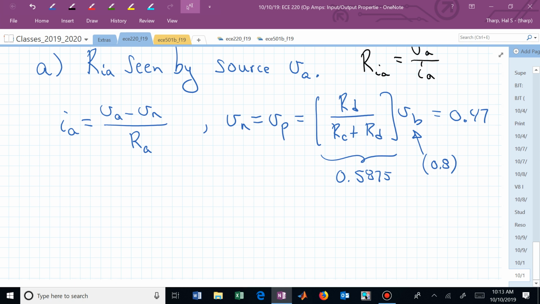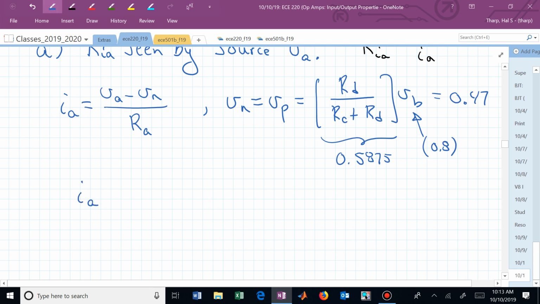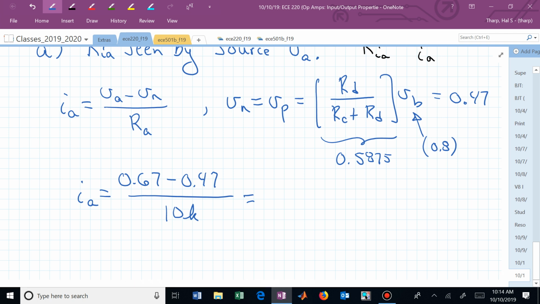Now I sub A is going the direction that we assumed in our labeling. I sub A is now the 0.67 minus the 0.47 over R sub A, and wasn't that 10K? This is now 0.2 divided by 10,000, or 0.2 times 10 to the minus 4, or 2 times 10 to the minus 5.